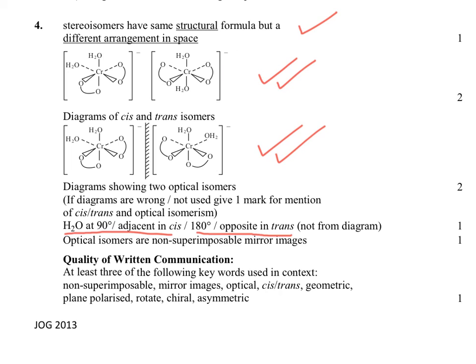We also mentioned that optical isomers are non-superimposable mirror images. And we had the word optical, cis trans, rotate, plane polarized. That means there's 3 of those needed. We used 4, so that got us a mark there.